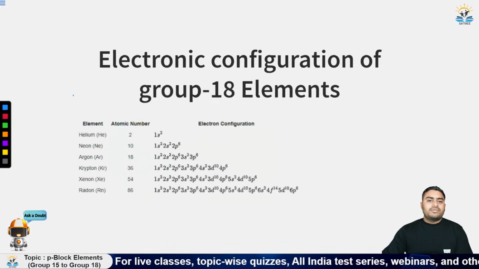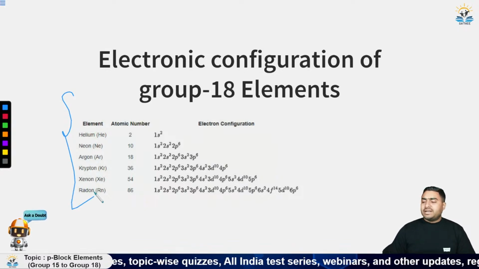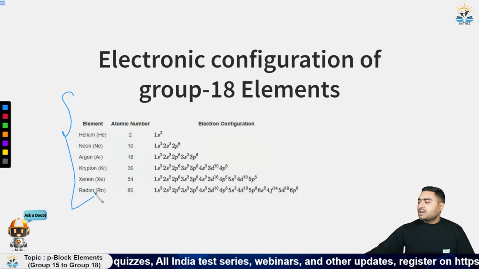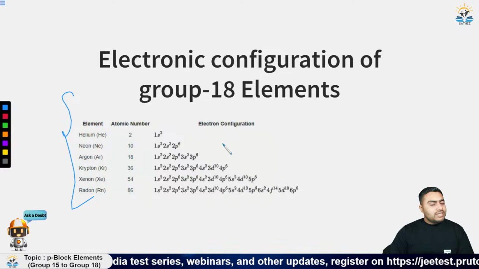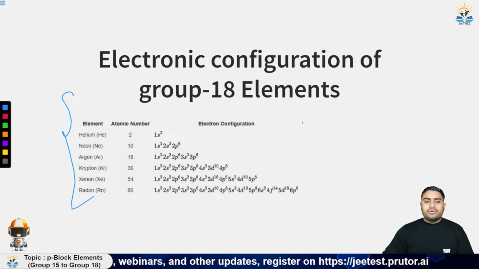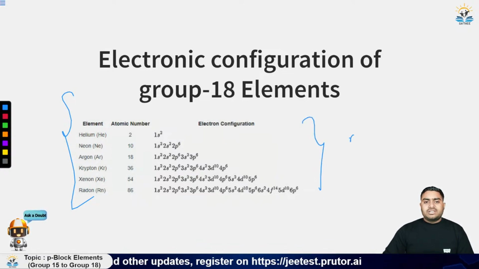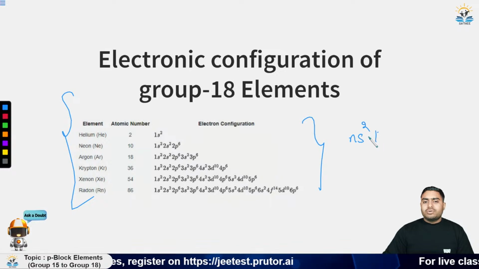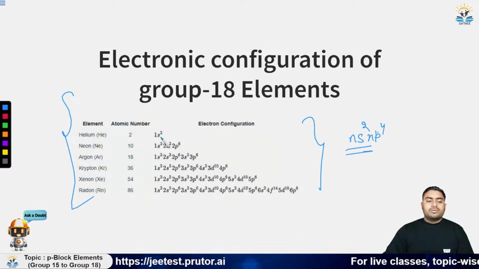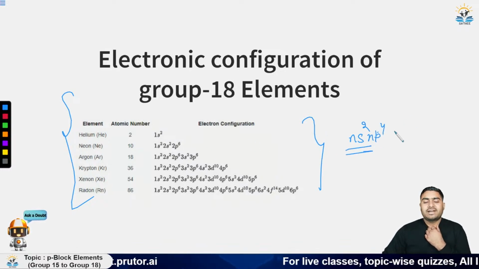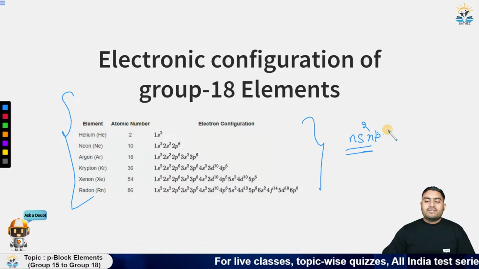You can see first of all the electronic configuration of group 18, which are noble gases. Noble gases are not reactive gases, that means inert gases. The general electronic configuration will be ns2 np6, okay, not 4.